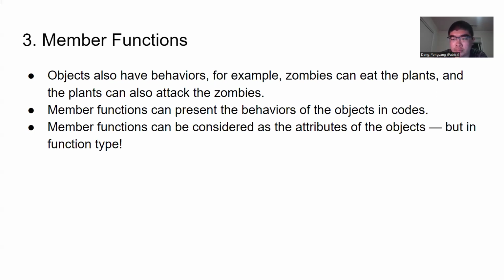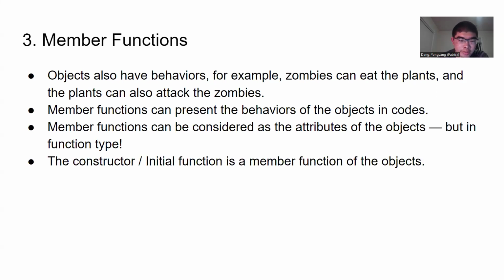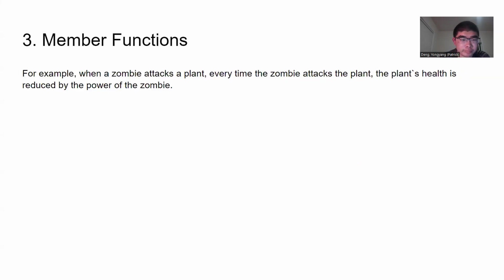Like saying someone can drive a car, and this can be an attribute of him. Like a property saying that he can do something, so he is different from someone who doesn't drive. So the constructor initial function is also a member function. We have introduced this special member function, which is usually the initial function, because you have to create instance attributes. Yeah.